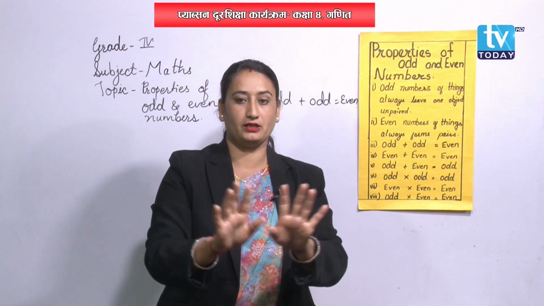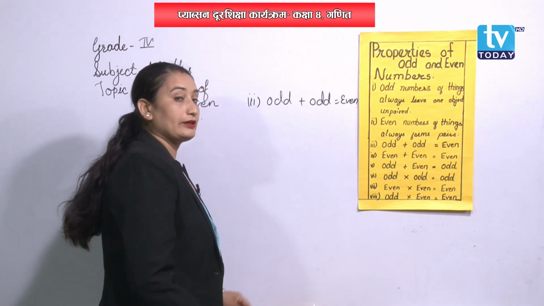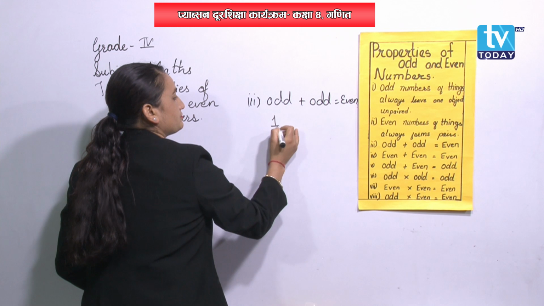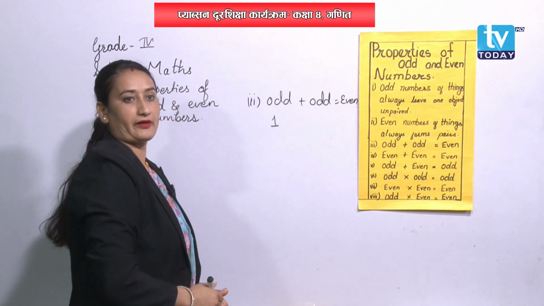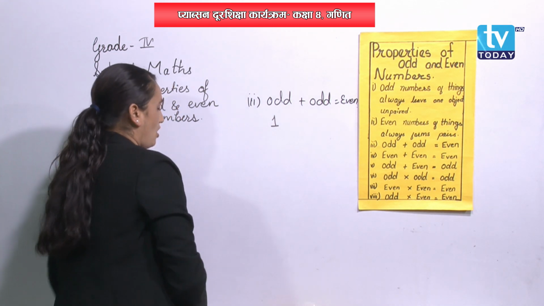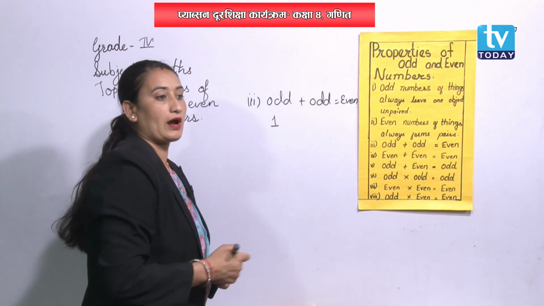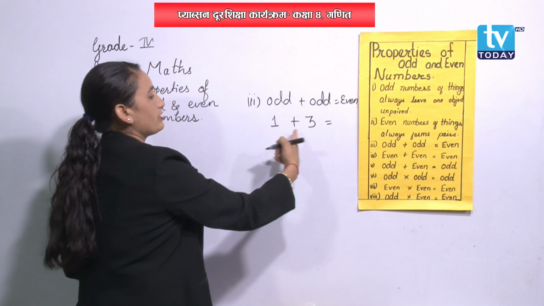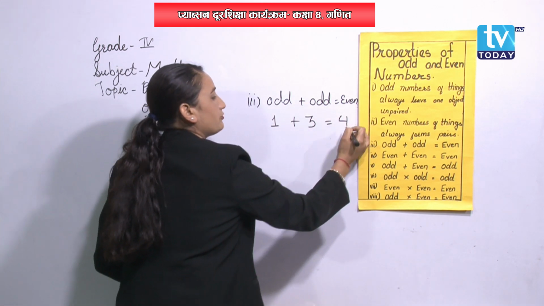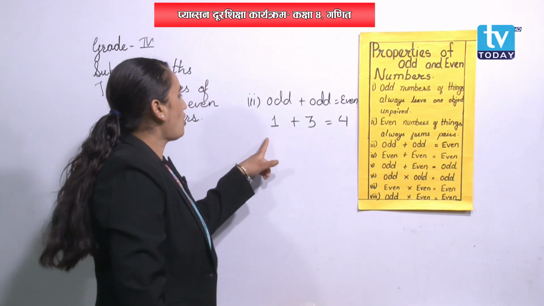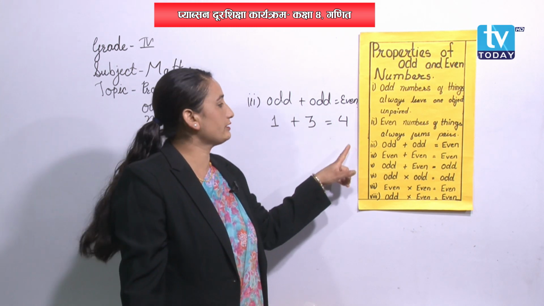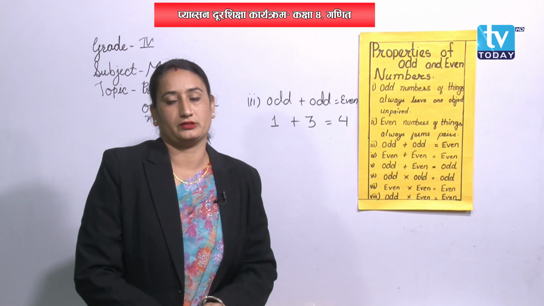Are you getting me? Just like that, 1 is an odd number, right? If I add 1 plus 3, or 3 plus 1, it will become 4. That means odd and odd, when we add together, become even.